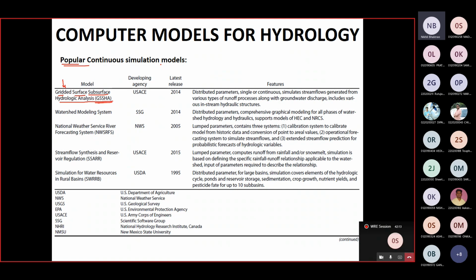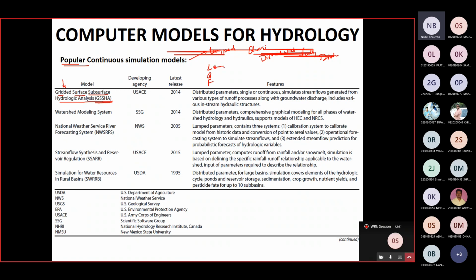In terms of continuous simulation models, I can also distribute this in terms of parameters. I can say it is a lumped parameter, then quasi distributed, and fully distributed. So there are three classes: lumped, quasi, and fully distributed.